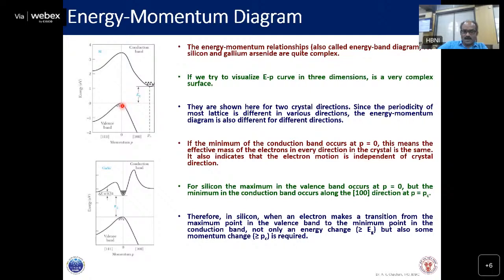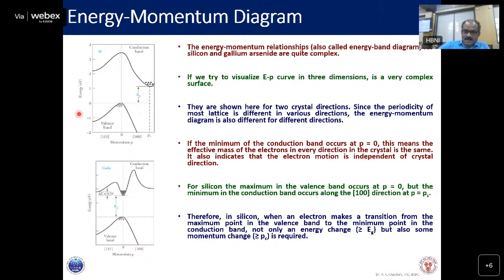So if you want to transfer an electron inside a silicon crystal, you need to provide this much energy first, and you also need to provide a change in the momentum. When an electron makes a transition from the maximum point in the valence band to the minimum point in the conduction band, it not only requires this energy, but also a change in the momentum.